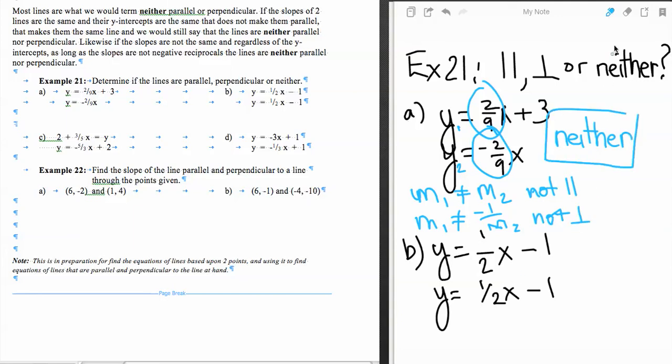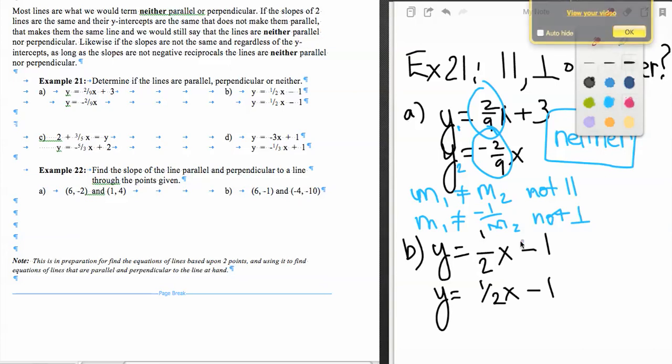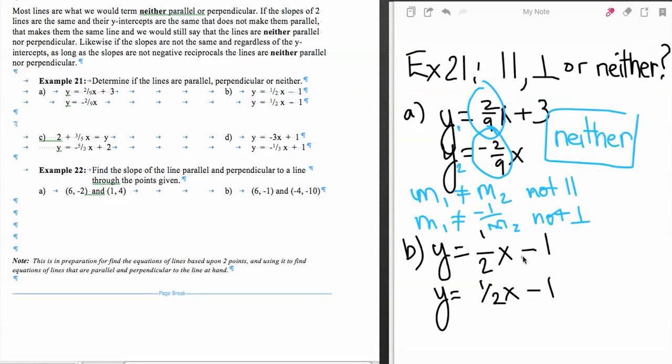Now on our next example down here, we see that we have a 1/2 and a 1/2, so we get excited because M1 is going to equal M2. But remember, when we're looking at parallel lines, we also need to check their y-intercepts.